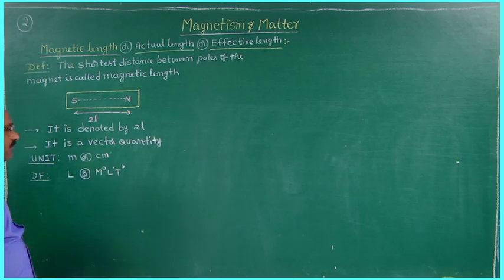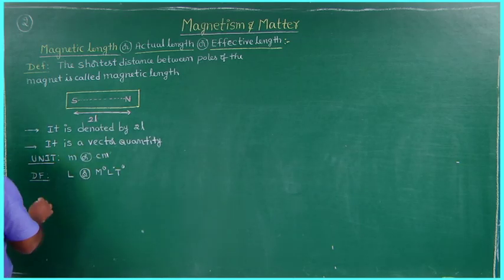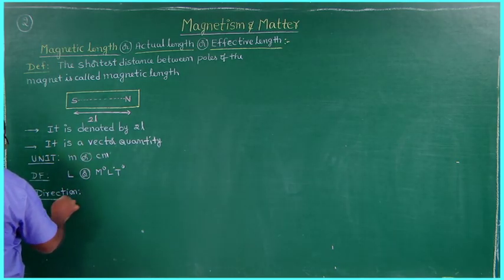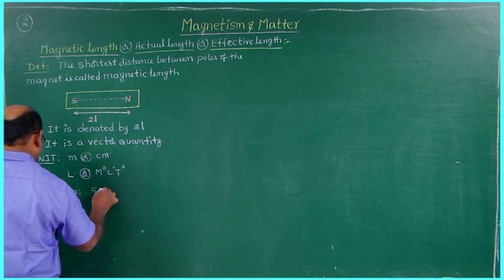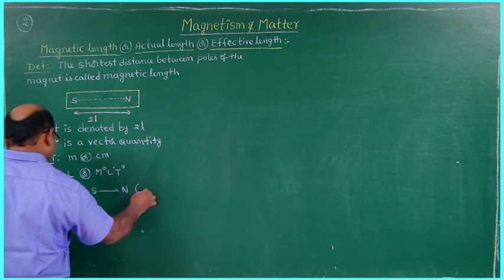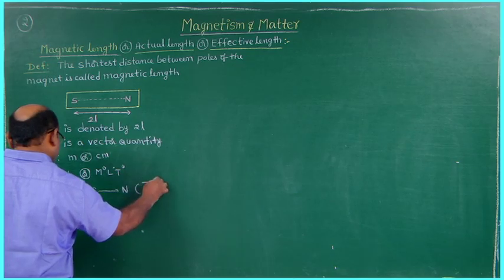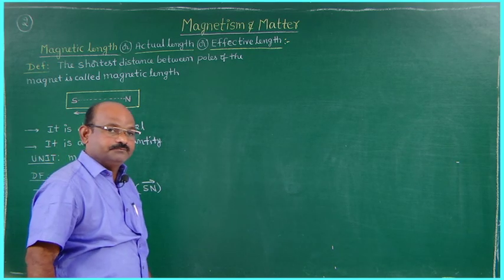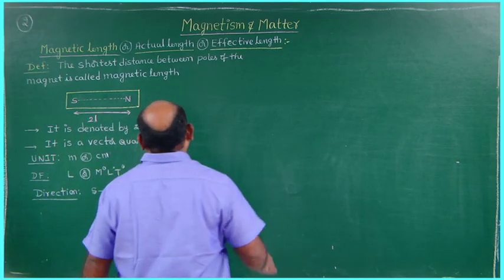Of course, it is a vector quantity, so we have to represent the direction also. The direction of the magnetic length is always from south to north pole. Keep those lines in mind. Clear.